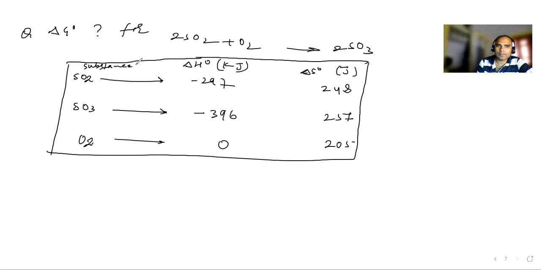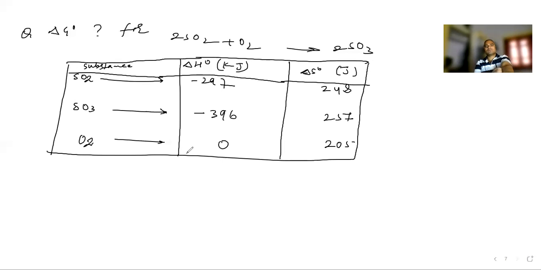So delta H is going to be, products minus reactants, 2 times negative 396 for 2SO3, minus 2 times negative 297 for SO2 plus 0.